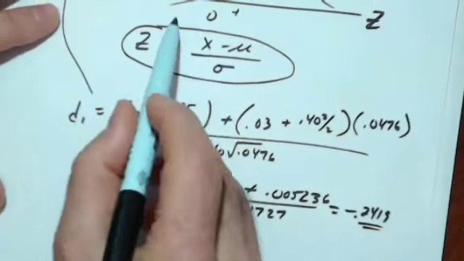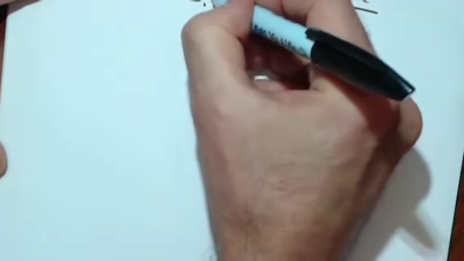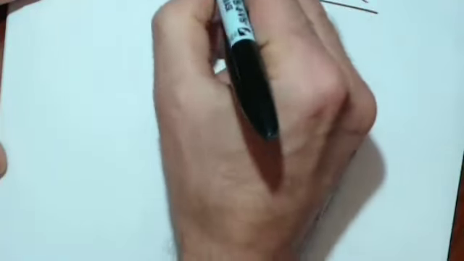We're somewhere over here. I'll draw you a new standard normal here. So here's 0. We're at minus 0.2419. And so we're looking at the cumulative area here.